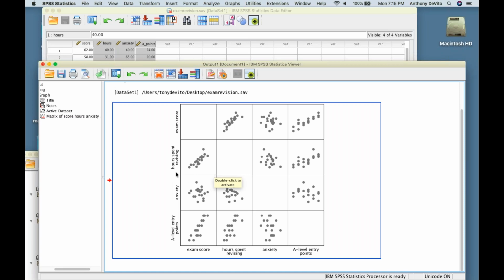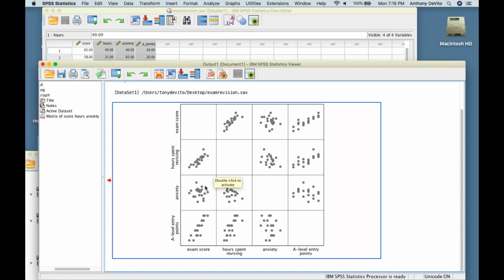Let's take a look at the hours spent revising versus the anxiety level and the academic level. As far as anxiety, it doesn't look like there's much of a correlation. But there does seem to be a little bit of a correlation with academic achievement here.